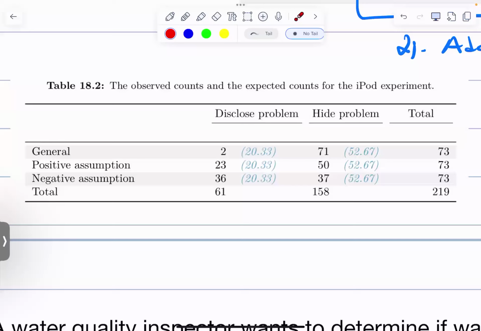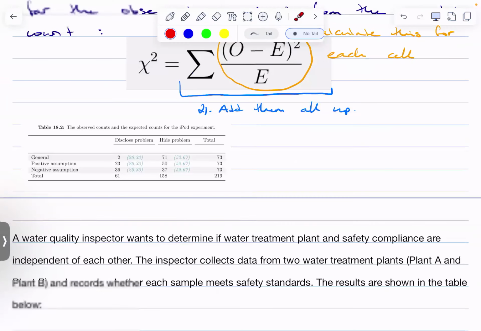The expected counts are in the brackets. And we want to see how far each of these is from the expected counts. Because we have the same row totals, we expect the same distribution across each of the questions, which is not necessarily the case always, but in this case it is.